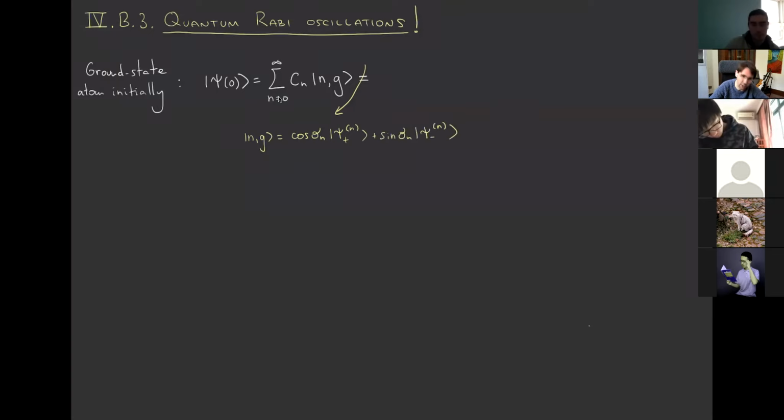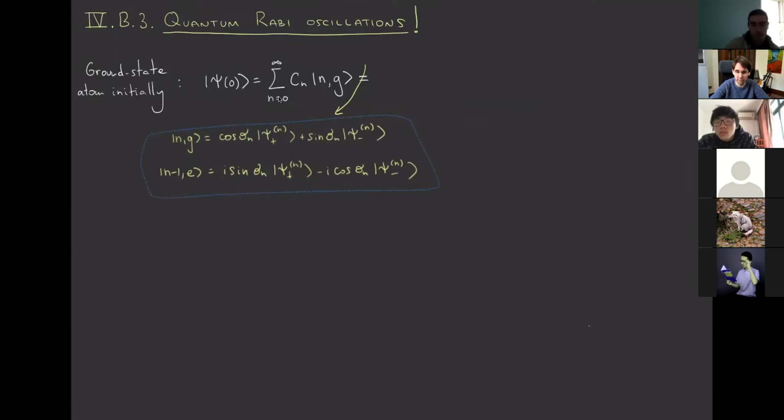And of course you can do the same with the n-1,e state that we will use in a second as well, and you get the orthogonal combination. So this is the relation between the basis states that we chose at the beginning and the eigenstates of the Hamiltonian.